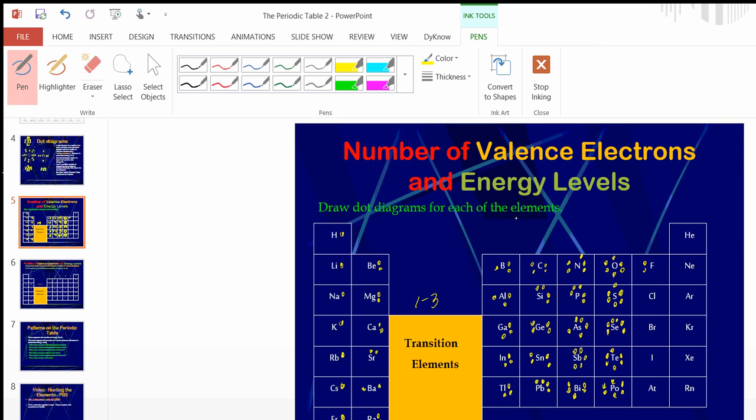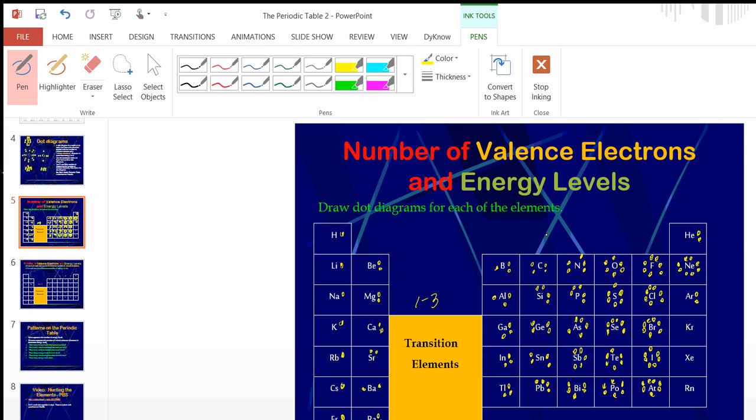Okay, and then this group has 7. And if we went back and looked at the Bohr models, we would see that that was true. Okay, and then helium, remember, only has 2, and the others here in this column have 8.